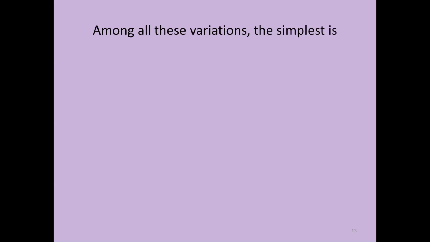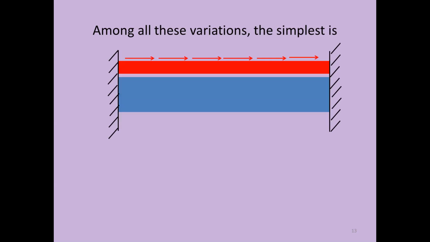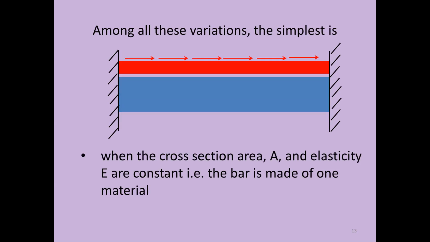Among all these variations, the simplest is a bar which has been loaded, which has a constant UDL, and the bar has a constant cross-section area, and it has a constant elasticity. That is, the bar is made up of one single material.